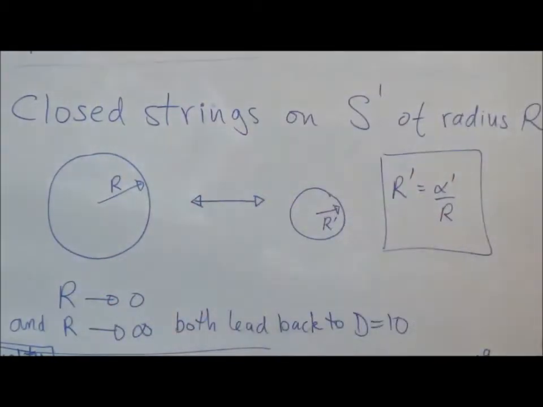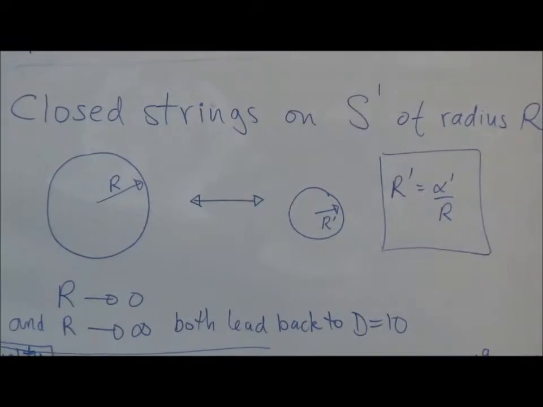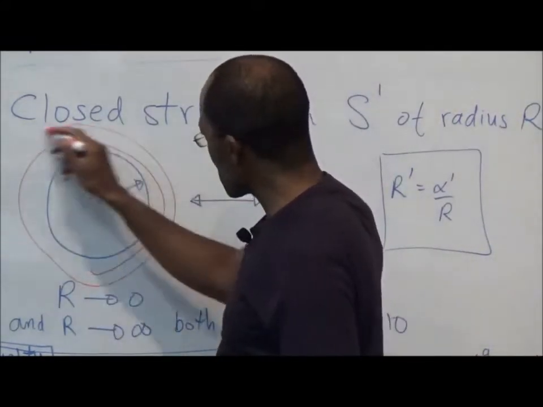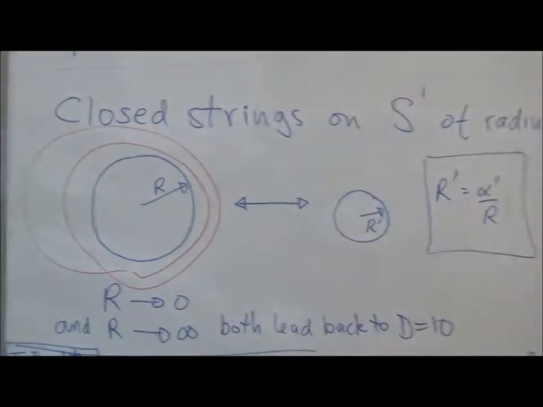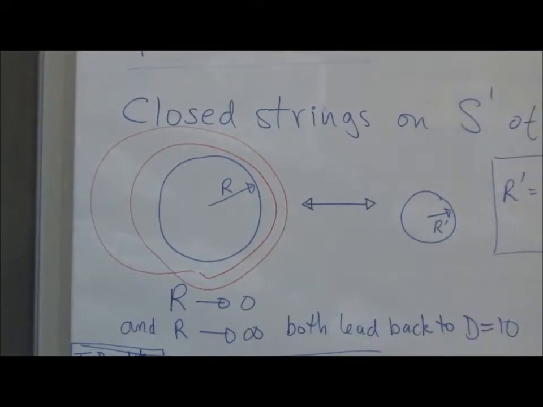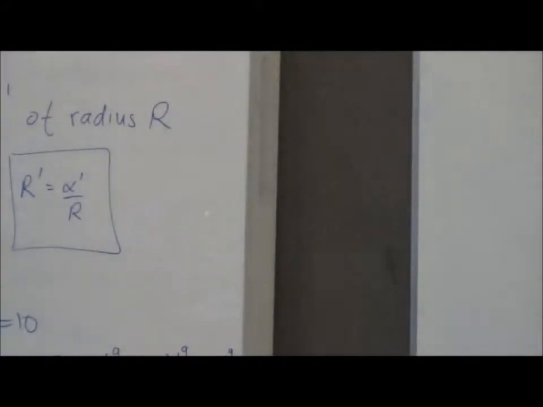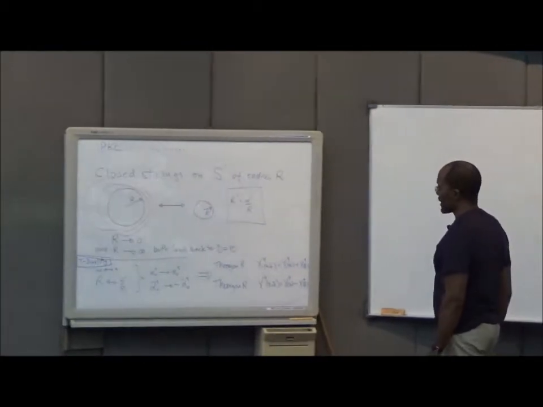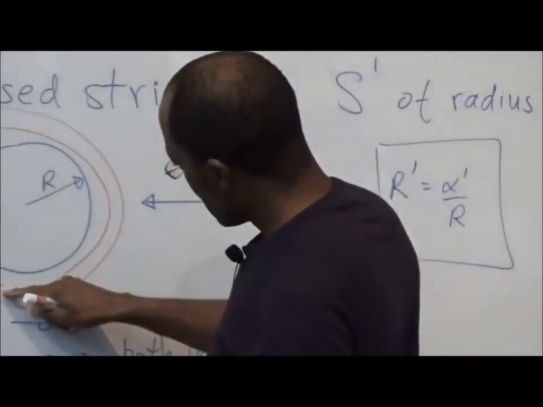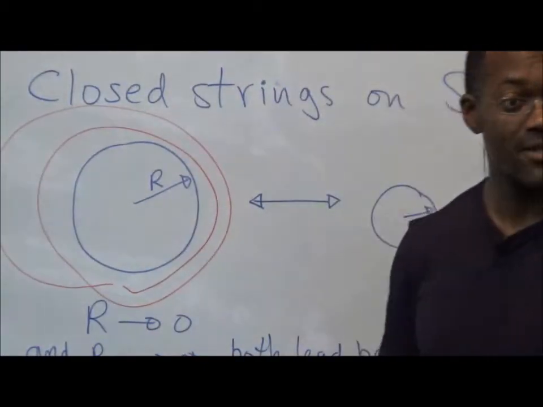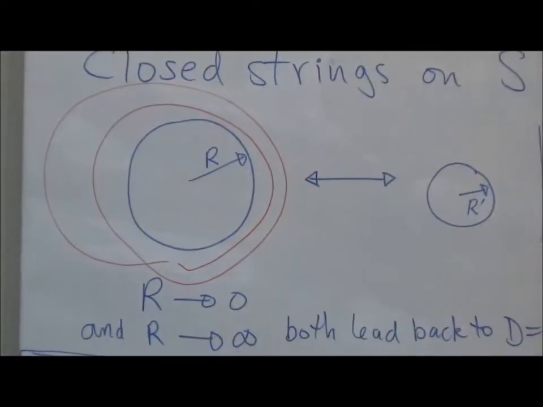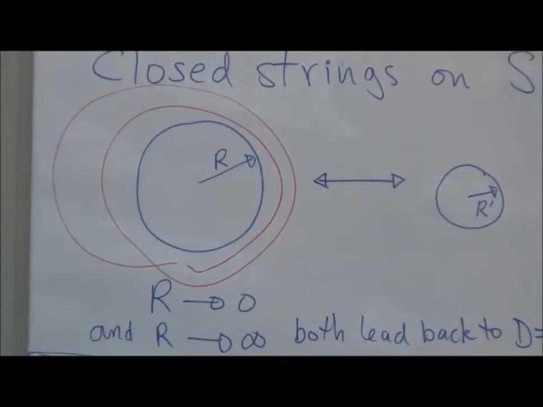The fact that a string can wind, and it gives me this nice integer w, counting how many times the string can wind around the circle, and then that w gets exchanged with that other conserved quantity n, the momentum in that compact direction. Clearly that can't work because an open string has ends, right, and tension. So if I just step back, it's going to unwind itself, right? It's not a conserved quantity.